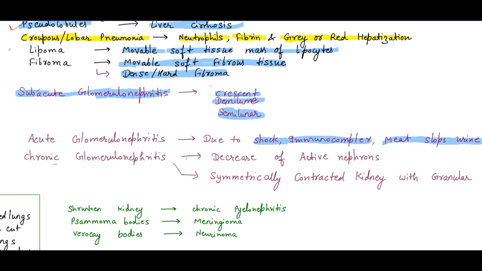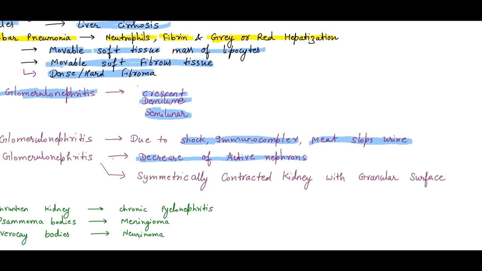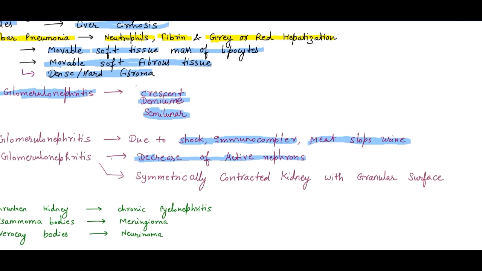Chronic glomerulonephritis: decrease of active nephrons. If there is a decrease of active nephrons, what will be the answer? Chronic glomerulonephritis. Also we will find a symmetrical contracted kidney with granular surface. So what is the keyword or definition for chronic glomerulonephritis? Symmetrical contracted kidney with granular surface. That is chronic glomerulonephritis.